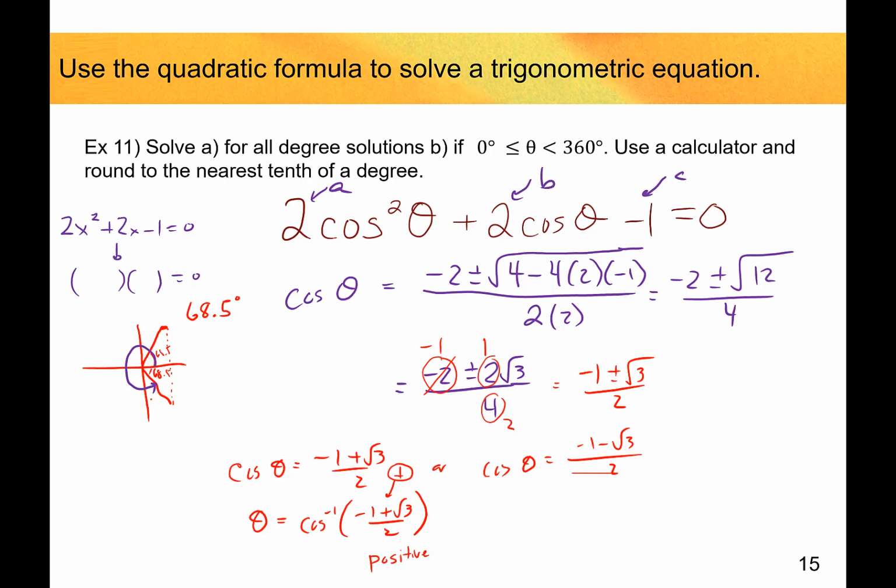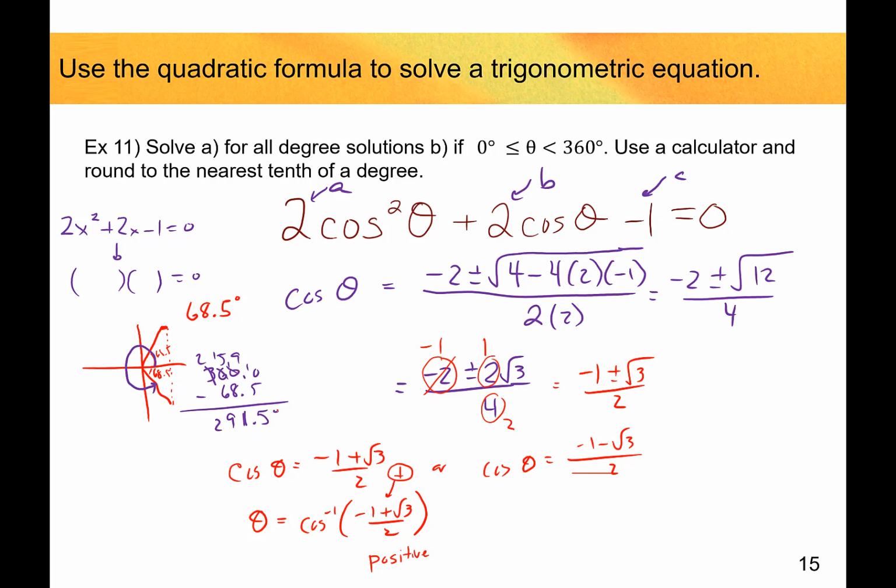So we're going to have to do a little bit of work. In quadrant 4, it's 360 minus 68.5. So 360 minus 68.5 is 291.5 degrees.